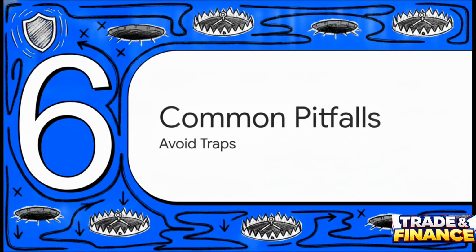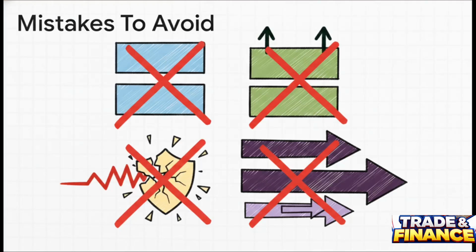Almost at the finish line, Section 6, navigating common BPR pitfalls. Because knowing the setup just isn't enough, right? Avoiding the traps is where your real edge lives. Let's rapidly run down a few common mistakes that trip traders up. First, trading near misses. The gaps absolutely must overlap horizontally. Close enough just doesn't count here.